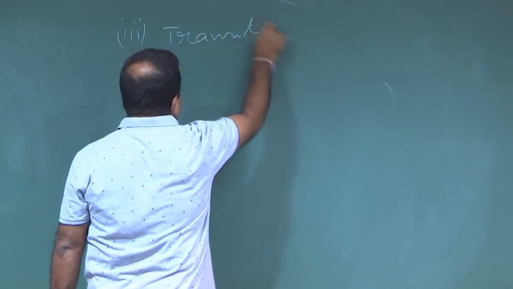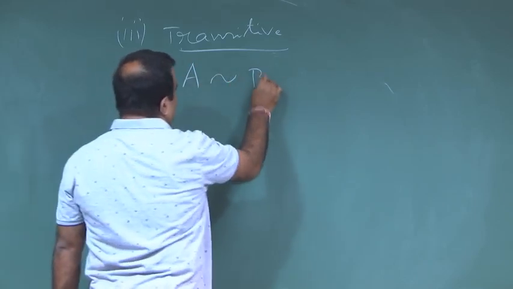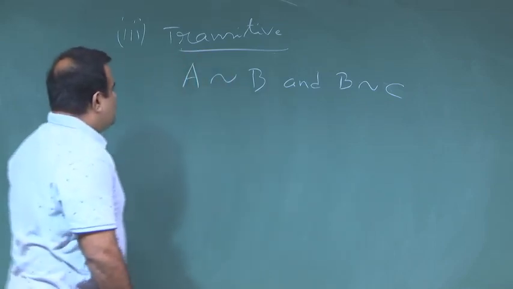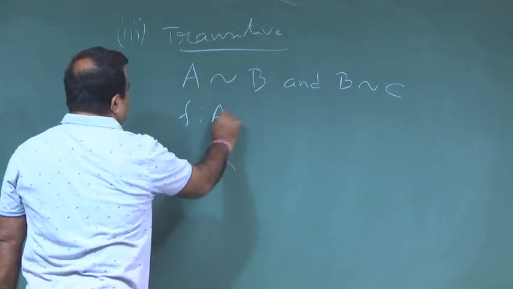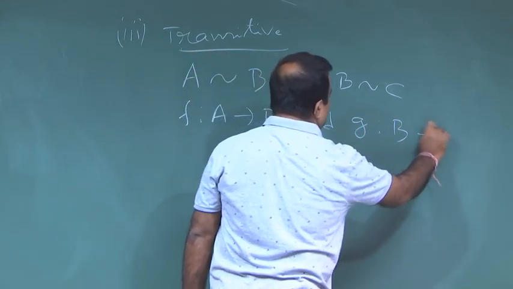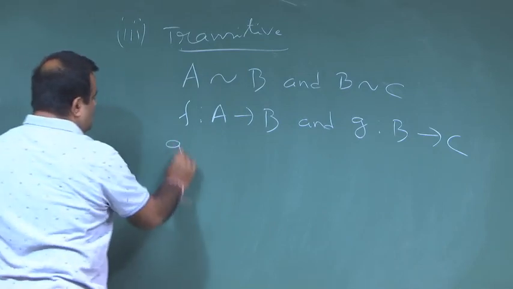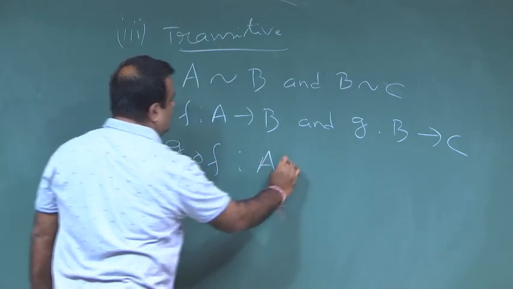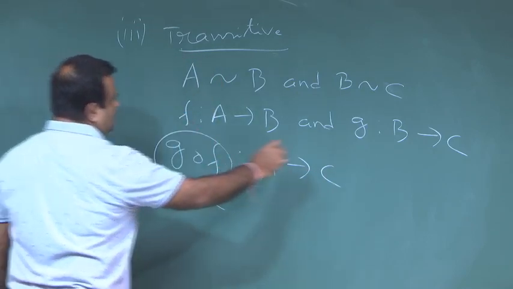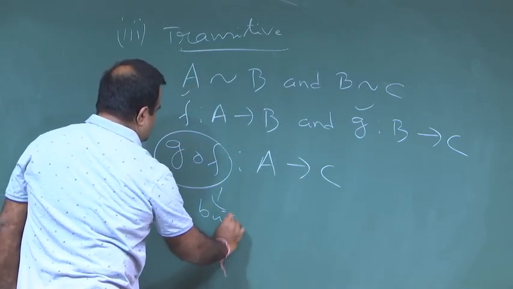For transitivity, we take two functions. We assume A is equipotent with B and B is equipotent with C. So, that means we have a bijective function g from A to B, and we have another bijective function f from B to C. Now, if you take the composition function, this is basically from A to C and it is also bijective.